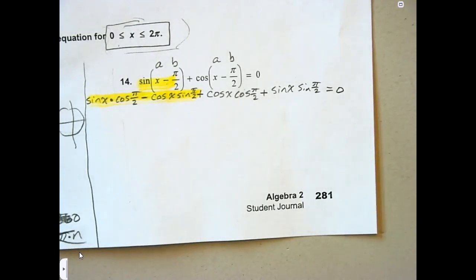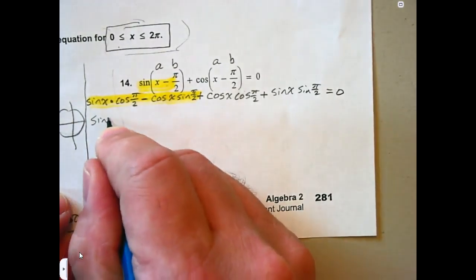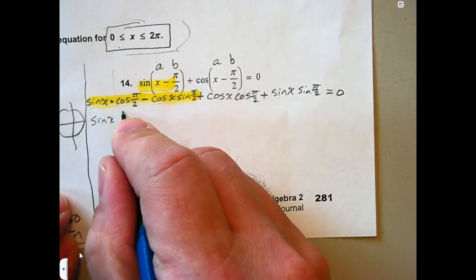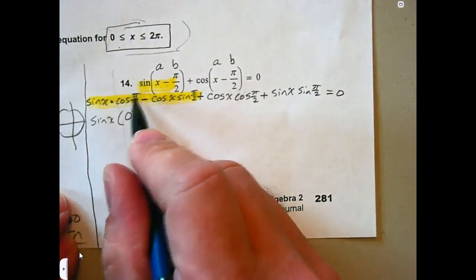Then you go through. Hey, pi over 2 is what angle measure? 90. So when I go sine x times cosine of pi over 2, that's 0. So that whole piece is gone.